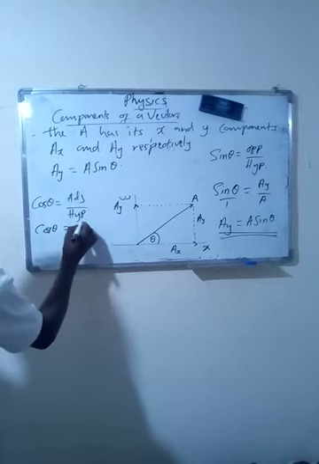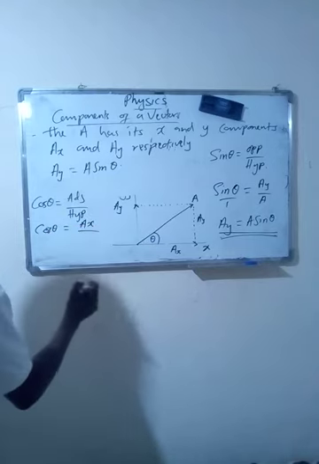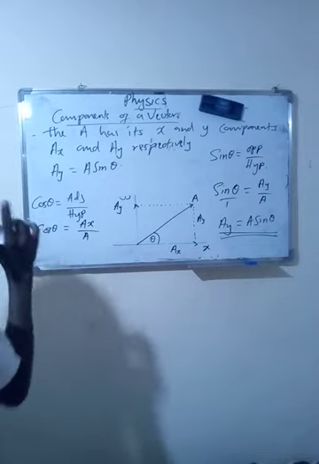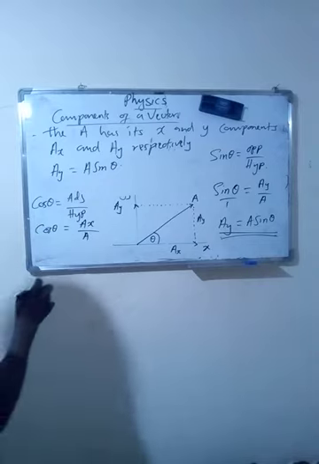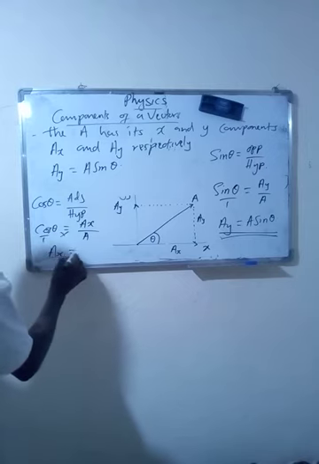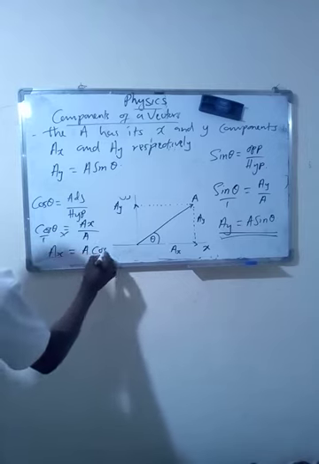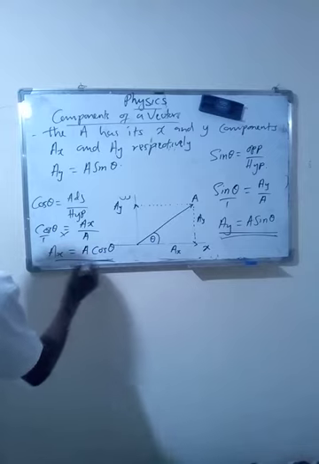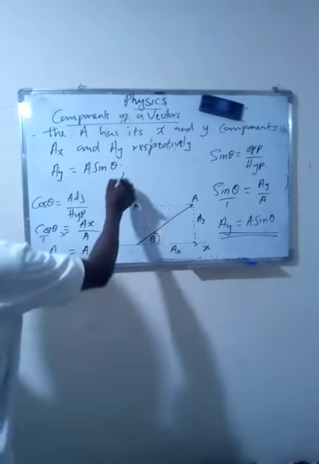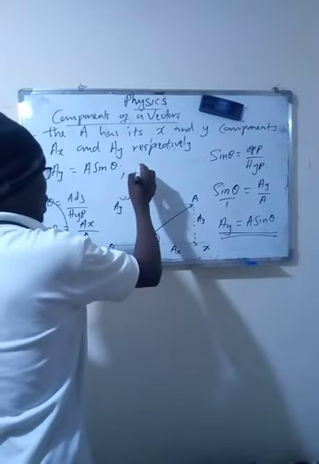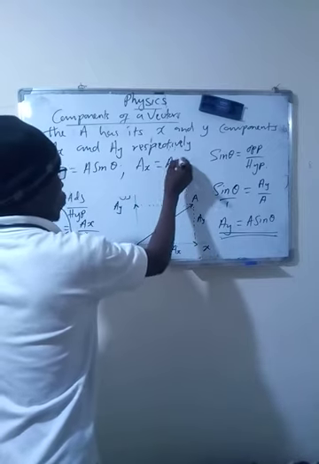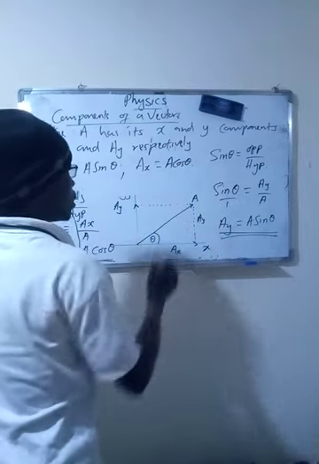We want to get ax, so we make ax the subject of the formula. We get ax is equal to a cos theta. So that is our x component. Those are the two components that we have, ay and ax, the y component and the x component.